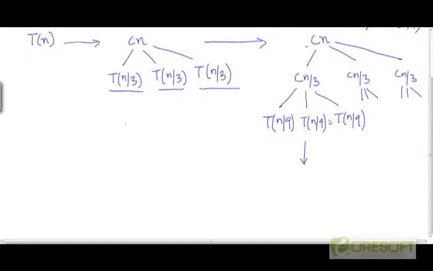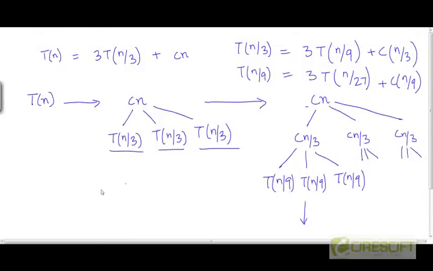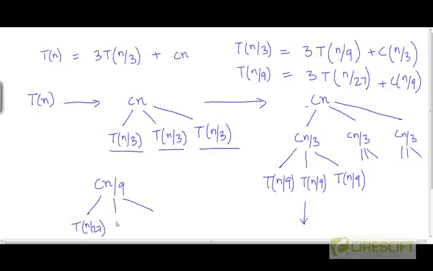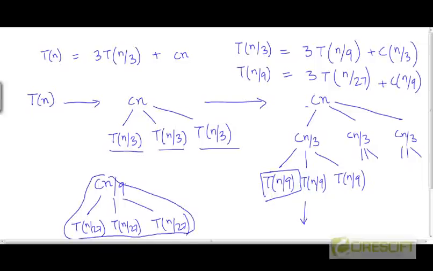So each of these T(n/9) nodes will be replaced by a subtree: c·n/9 with 3 children, T(n/27), T(n/27), T(n/27). So imagine replacing each of these T(n/9) nodes by this subtree. And by that we'll create another level in this overall recursion tree.